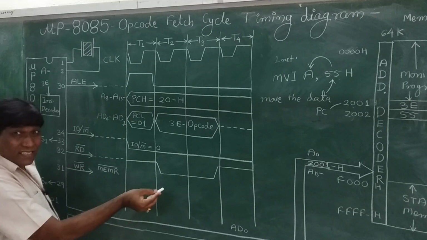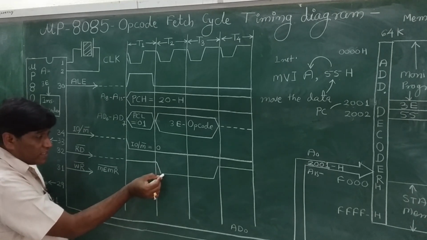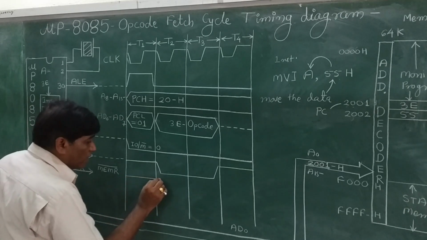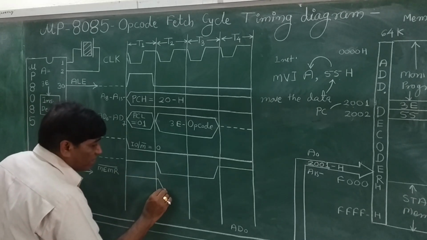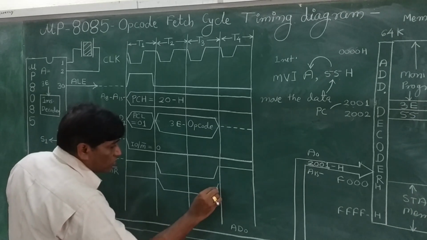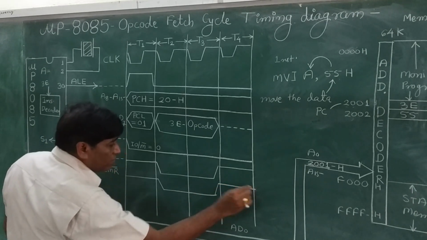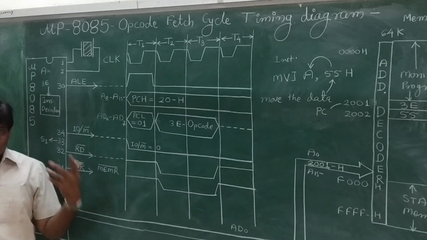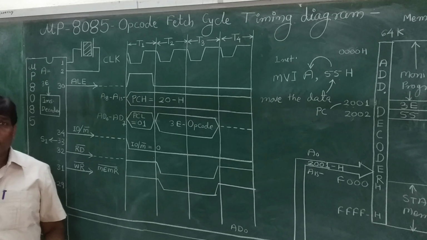Again, this memory read signal is generated from read bar and IOM bar. Thus this memory read will also be activated during T2 and T3. Now the question is, how much delay between this and this? Yes, delay is there. Delay is whatever the delay of the electronic circuitry.